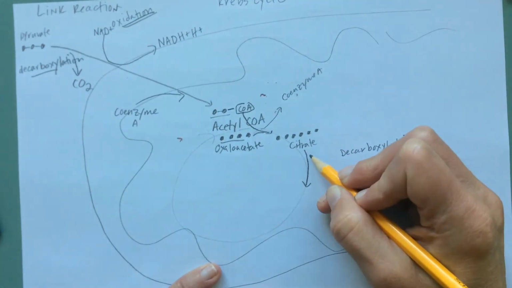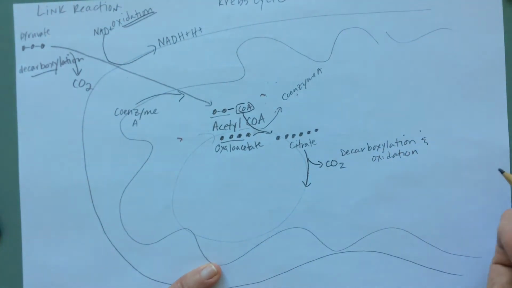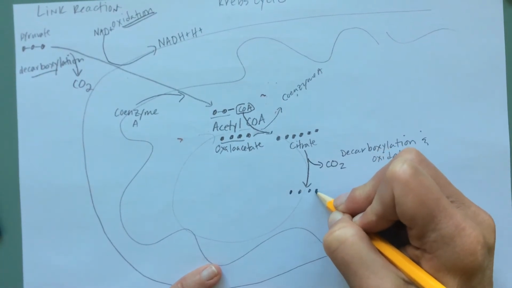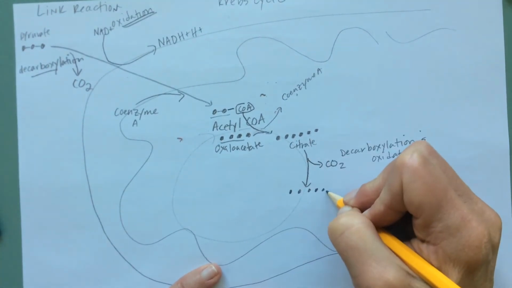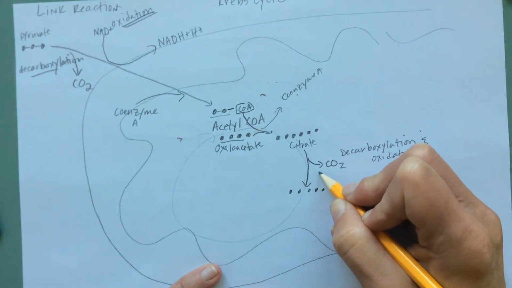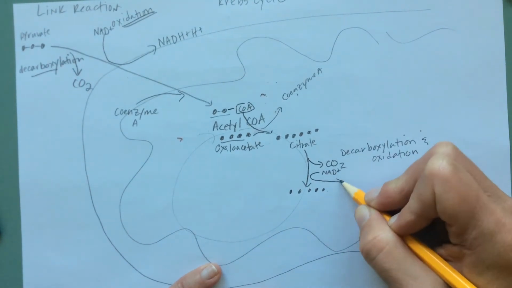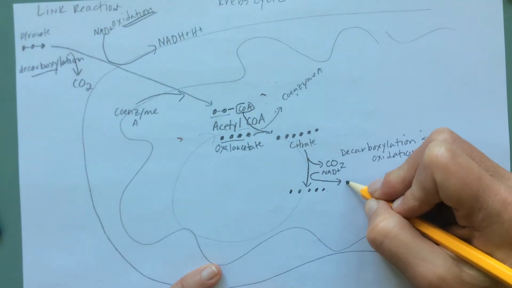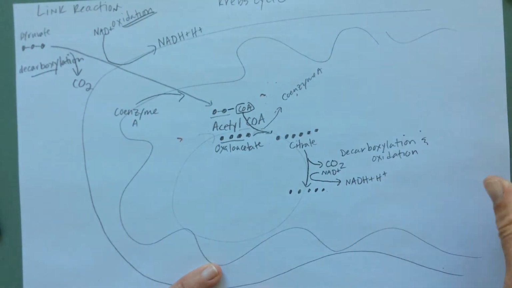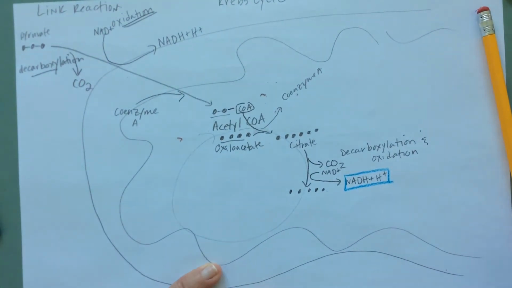So decarboxylation means we're going to take a carbon out of that, and if we take a carbon out of that, we're only going to have 5 carbons now, from 6 to 5, okay? And the other thing that's going to happen is we're going to have the oxidation happen, so we'll have an NAD plus go to NADH plus H plus, okay? And these guys we know are electron carriers, right? Plenty of energy.